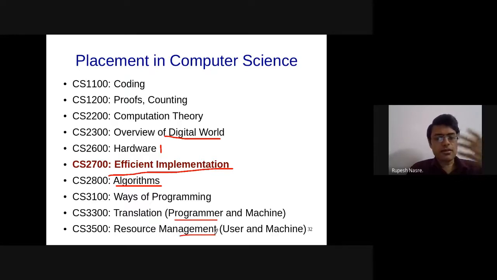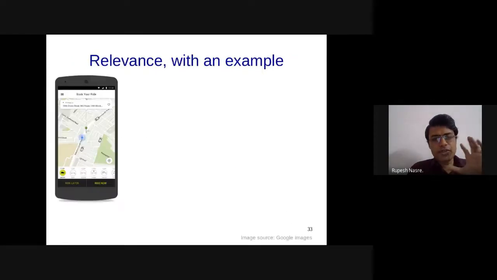So these also require efficient implementation of these data structures, which will be considered as a black box. Okay, you require a queue here, you require an AVL tree here, and so on. So those will be viewed as a black box in the future courses, in case you are interested in a minor in computing or minor in AIML, which is offered by the CS department. And we also looked at the relevance with an example, right?